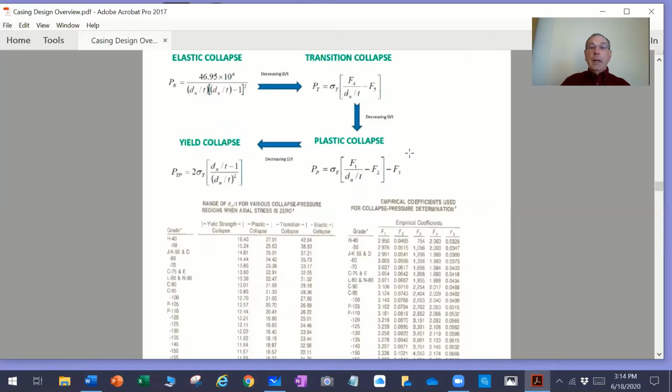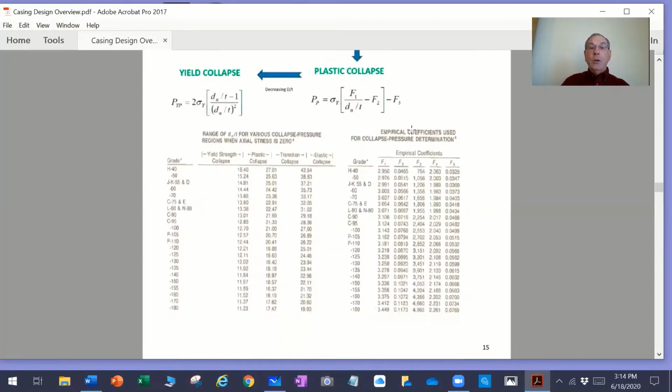You can just calculate a D over T ratio, diameter divided by the wall thickness ratio, and then you go into this table. So let's just say if you went into this table for P110 casing and you happen to have a D over T ratio that was, let's say, 17.